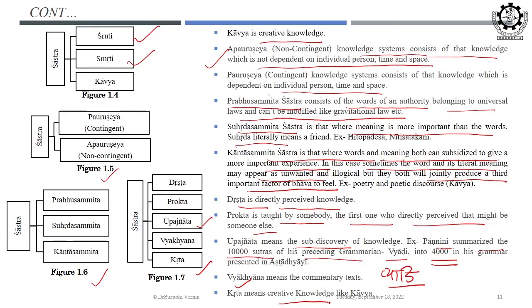And the last one, Krita, is creative knowledge, just like Kavya. Again the Kavya can incorporate everything like Natya, drama, poetry, prose, just like Banabhatta's Kadambari. Kadambari is a prose work, and Banabhatta is the person who composed it.